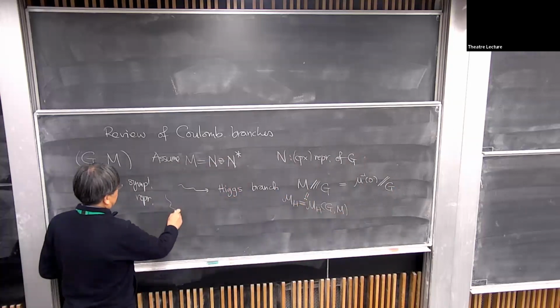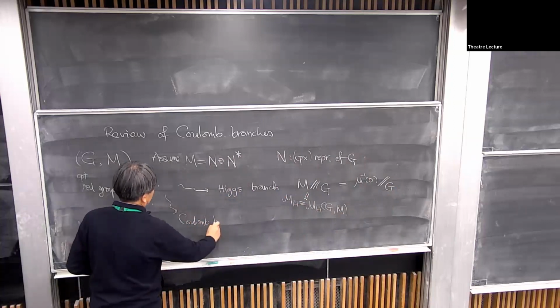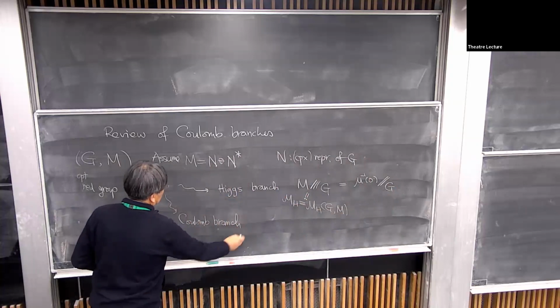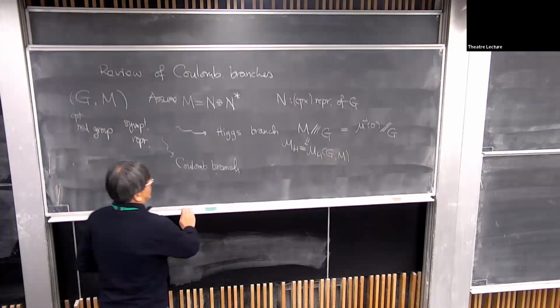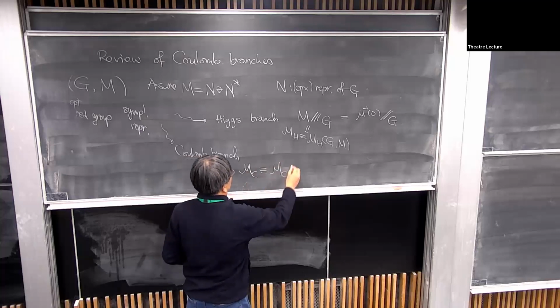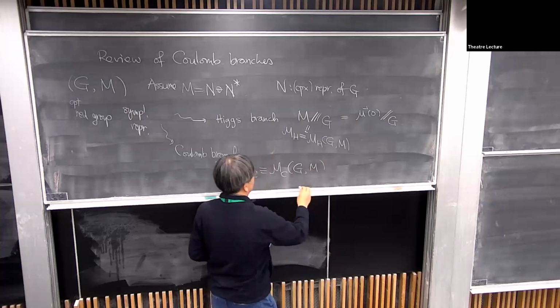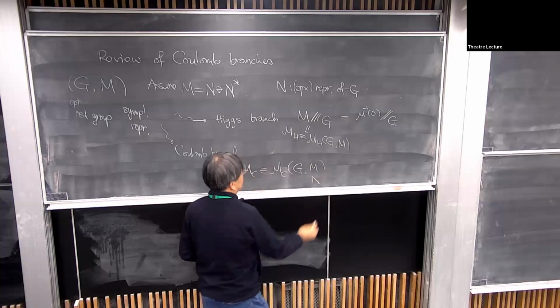Then we can also go to the Coulomb branch. I denote this by M_C, or I may write it as M_C(G, N).